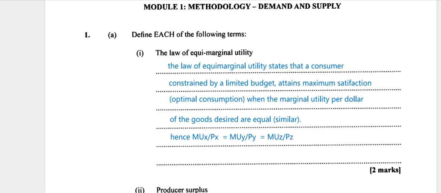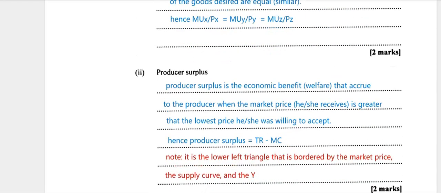Producer surplus is the economic benefit that accrues to the producer when the market price that he or she receives is greater than the lowest price he or she was willing to accept for the goods that they have produced.